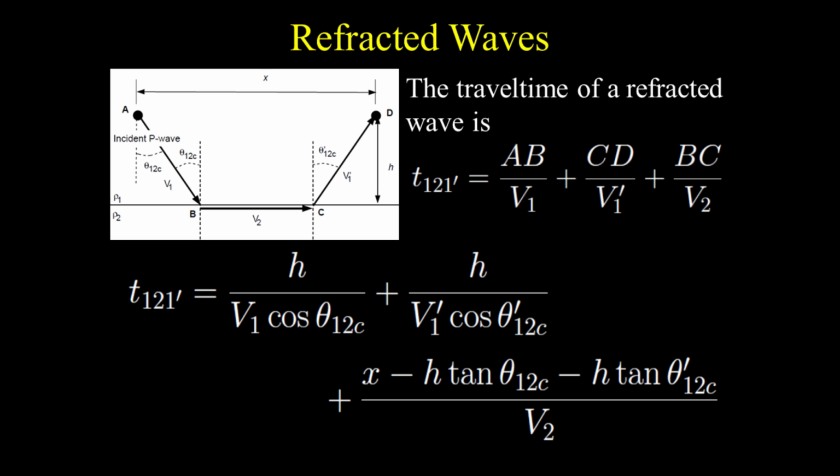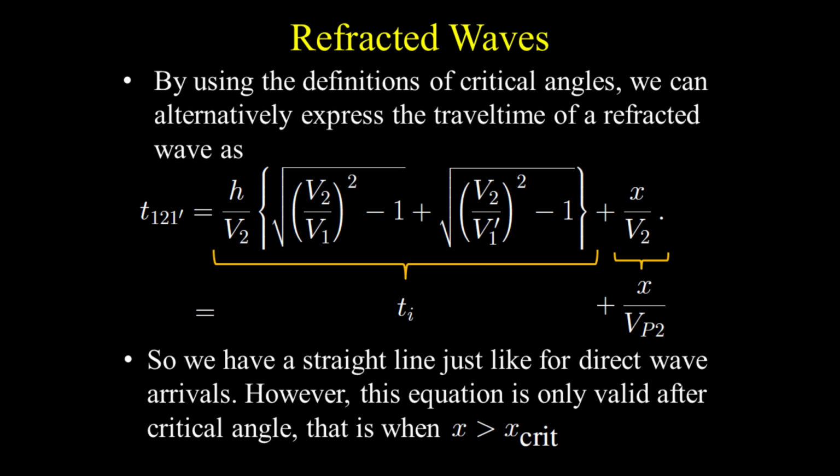The travel time of a refracted wave is AB over V1 plus CD over V1 prime plus BC over V2. By using the definitions of critical angles, we can alternatively express the travel time offset relationships of refracted waves in the following explicit linear form.